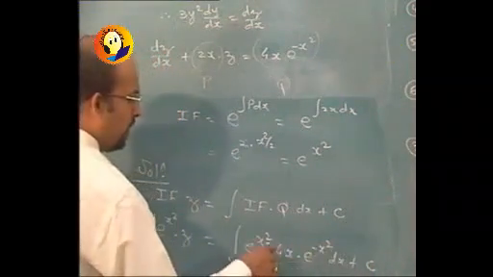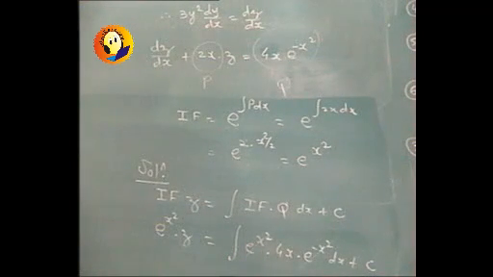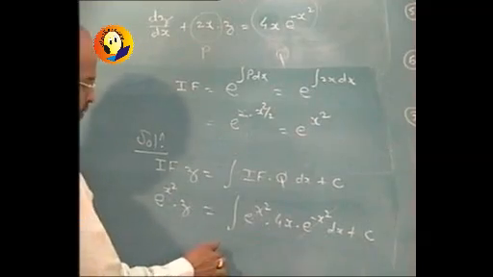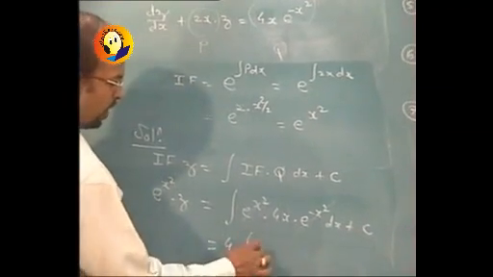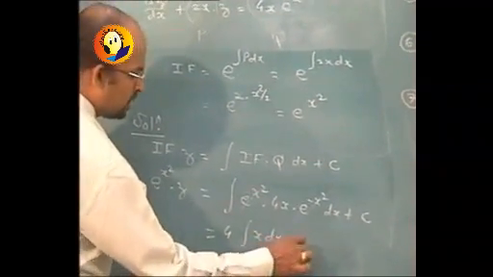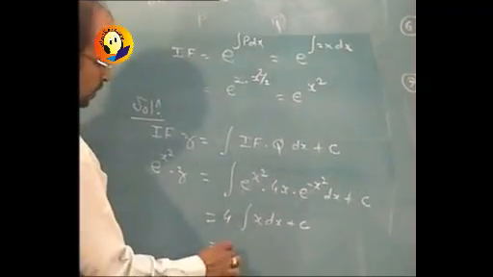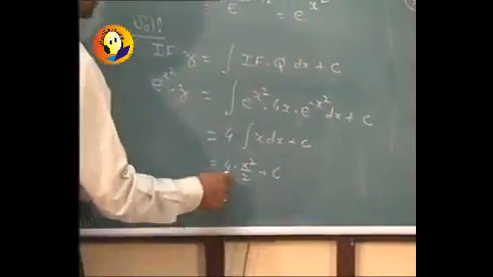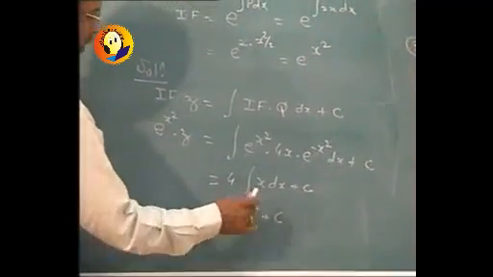Of course, these two will cancel each other. As the powers get added, it will be e raised to 0 will be 1. And so we are required to simply integrate 4 times integral x dx plus constant. So it is 4 into x square by 2 plus constant, which is 2x square.